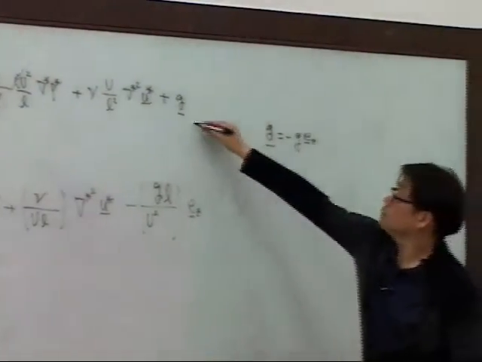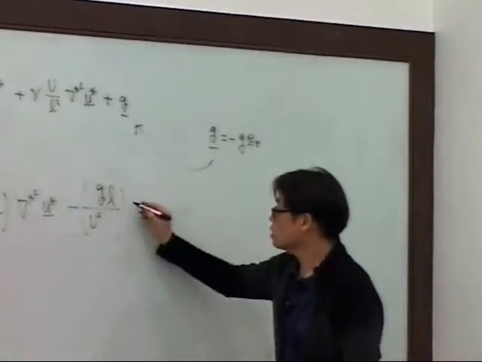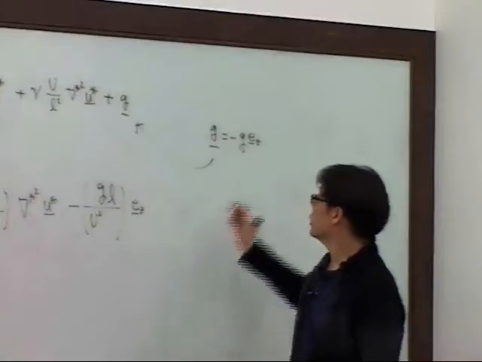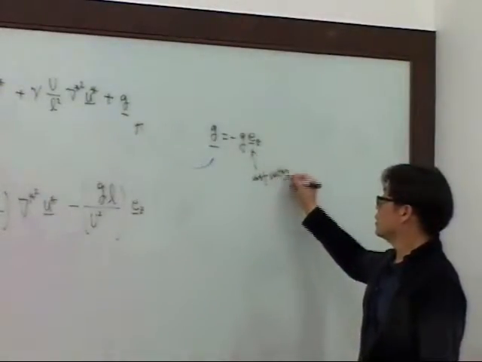Okay. E Z is a unit vector in the Z direction.